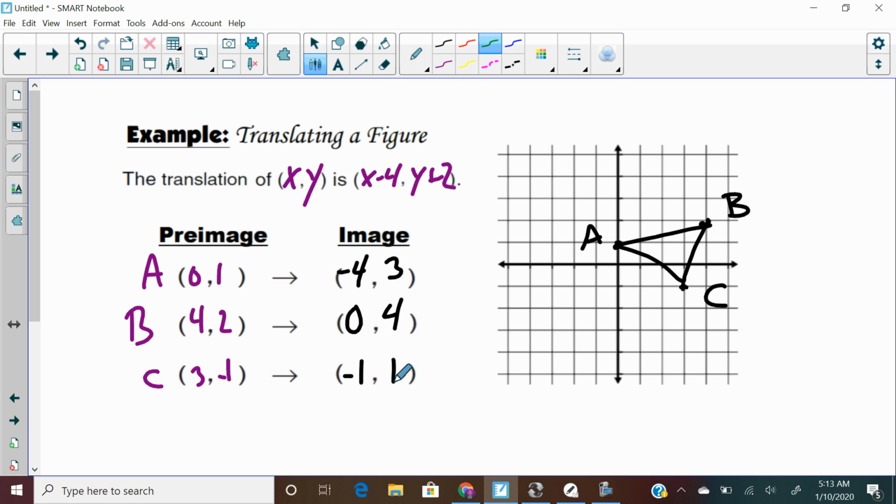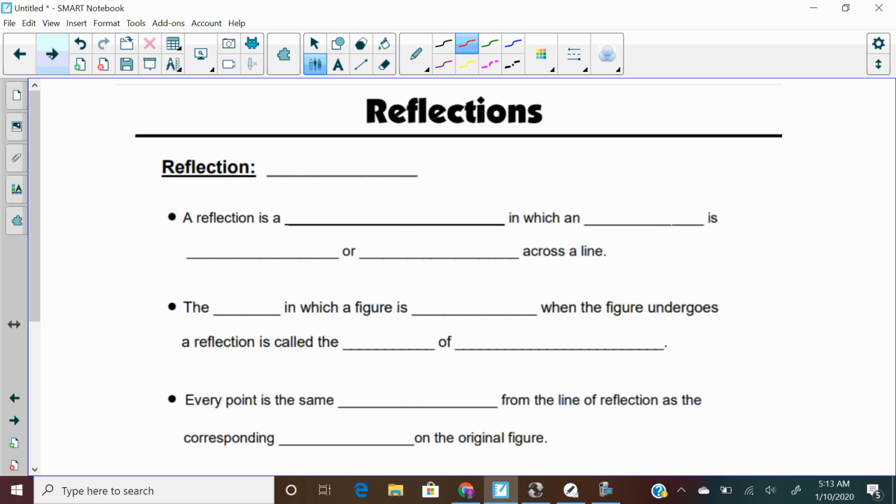So my new shape is here: A prime, the new B, and the new C. So there's where my shape moved to.